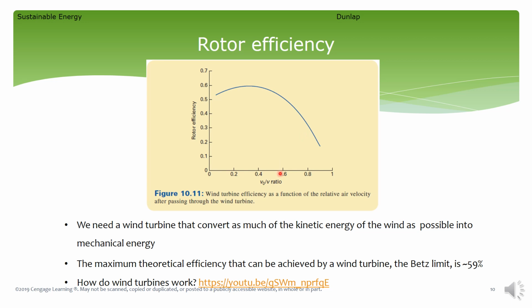V is the wind velocity coming to the wind turbine, and V0 is the wind velocity after passing the wind turbine. As you can see here, we get the maximum rotor efficiency at this relative air velocity. It's about 0.24.